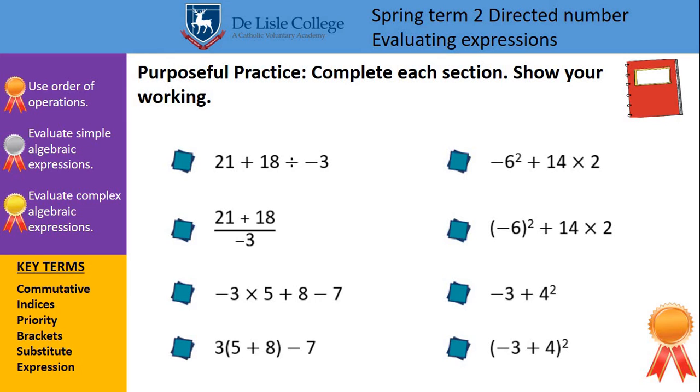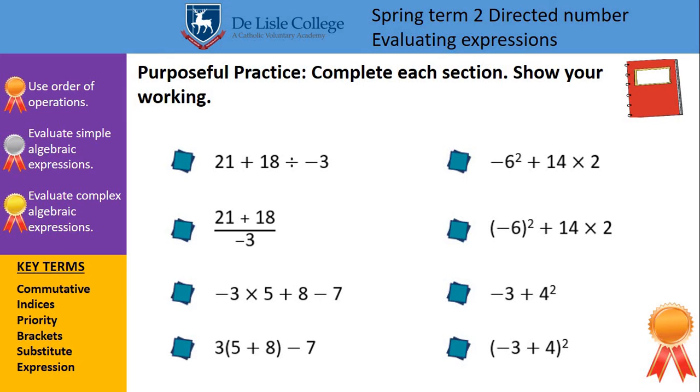So if the signs are the same on multiplication and division, then the answer will always be positive. So say, for example, we have positive 18 divided by positive 3. Both the signs are the same, so you would end up with positive 6. If it was minus 18 divided by minus 3, again, the signs are the same, so the answer would be positive 6.